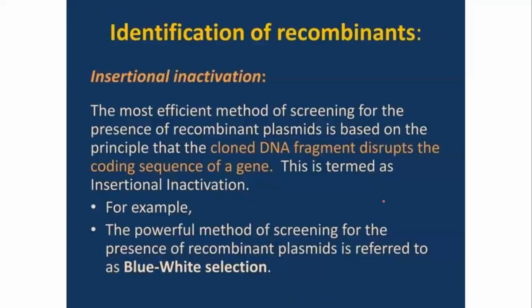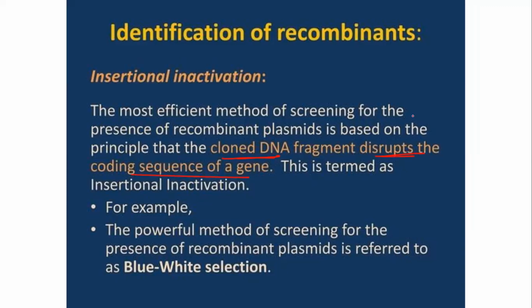Now, moving to the identification of recombinants, how we can find out whether the organisms grown in the culture are recombinant or not. The most efficient method of screening for the presence of recombinant plasmid is based on the principle that the cloned DNA fragment disrupts the coding sequence of a gene.